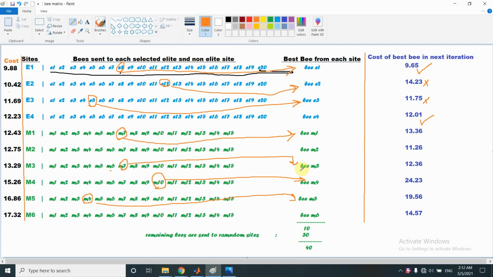Similarly, for M1, it won't update. For M2, it will update. For M3 also, we will update. For M4 and M5, we won't update. And for M6, yes, it is less than 17.32, so we will update.